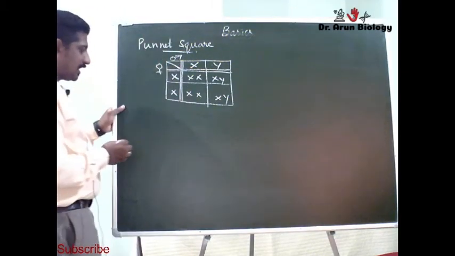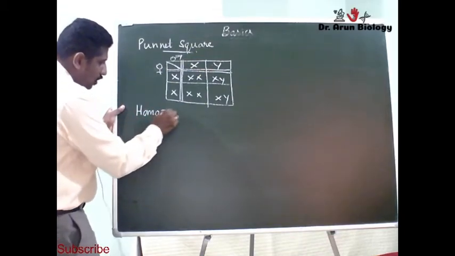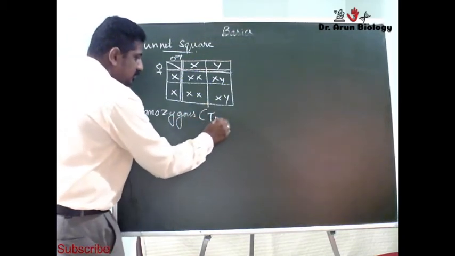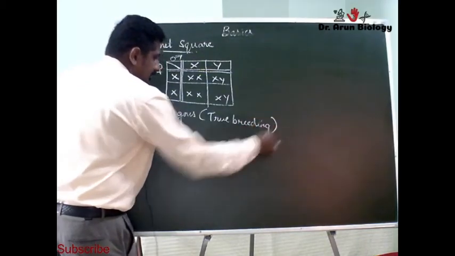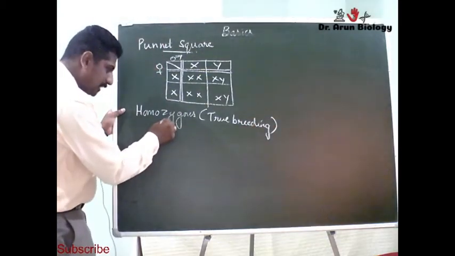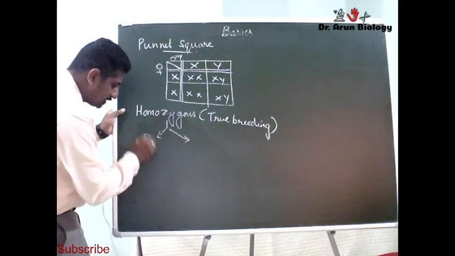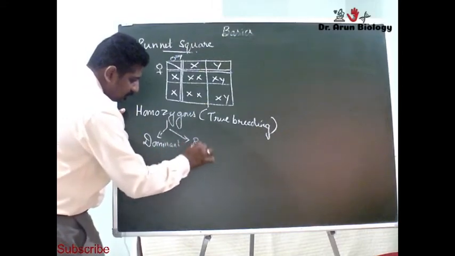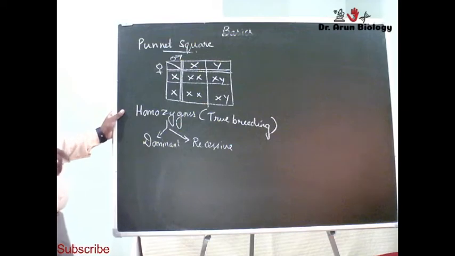Now the question we have here is homozygous. Homozygous means true breeding plants. That means we have two types, already discussed: dominant and recessive. What do you mean by dominant?